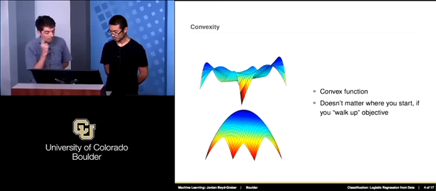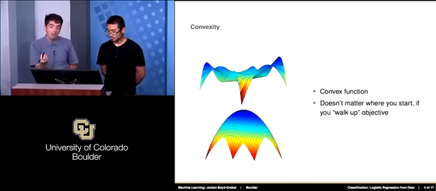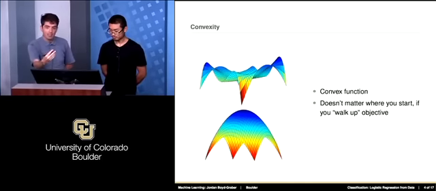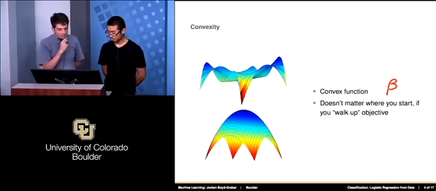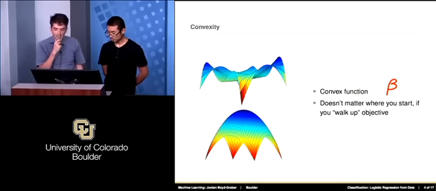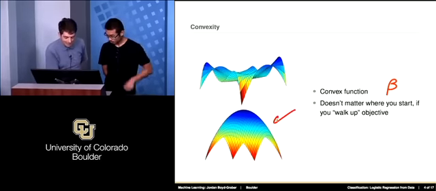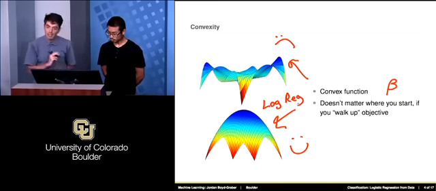Okay, so one nice thing about the logistic regression objective function is that it's convex in terms of beta. And so you can think about the surface as a function of beta, and it looks like this rather than like this. So this is good, this is bad, and thankfully this is what logistic regression looks like in terms of beta.